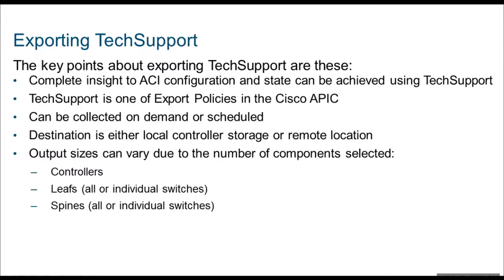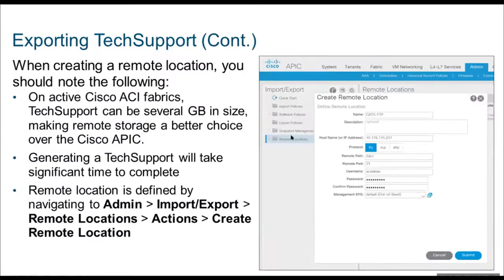So, do you want all leaf switches, which is the default, or just a particular leaf, all individual spine switches, or just a particular spine? You can control this. Right there, admin menu, you can see there is, of course, the option to do import export.